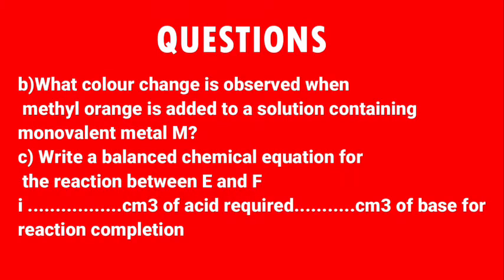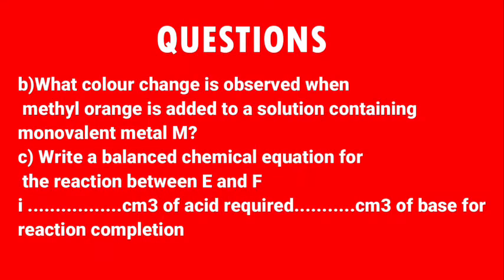That solution is solution F, which is a base or alkaline solution. Another question: write a balanced chemical equation for the reaction between solution E and solution F. Solution E contains sulfuric acid, and solution F contains the base, which is unknown, M hydroxide.